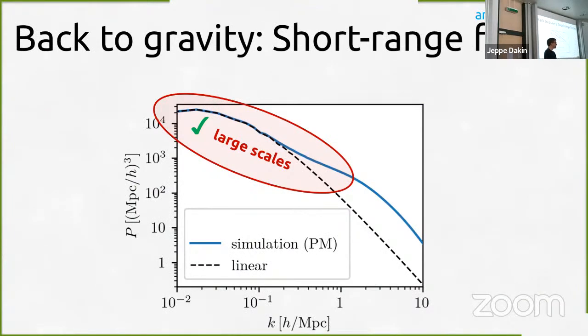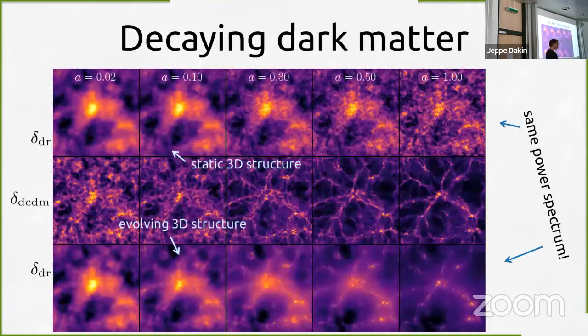Yes. The entropy? I guess. Yes, and why? How does that affect the system? Well, no, I think these simulations start very late.